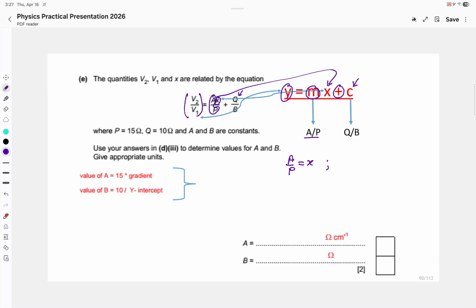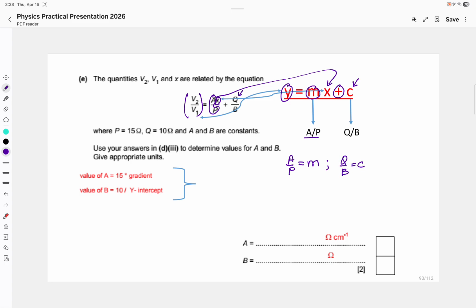So therefore, separately and clearly tell us that the gradient m is equal to a by p, and q upon b is equal to c.